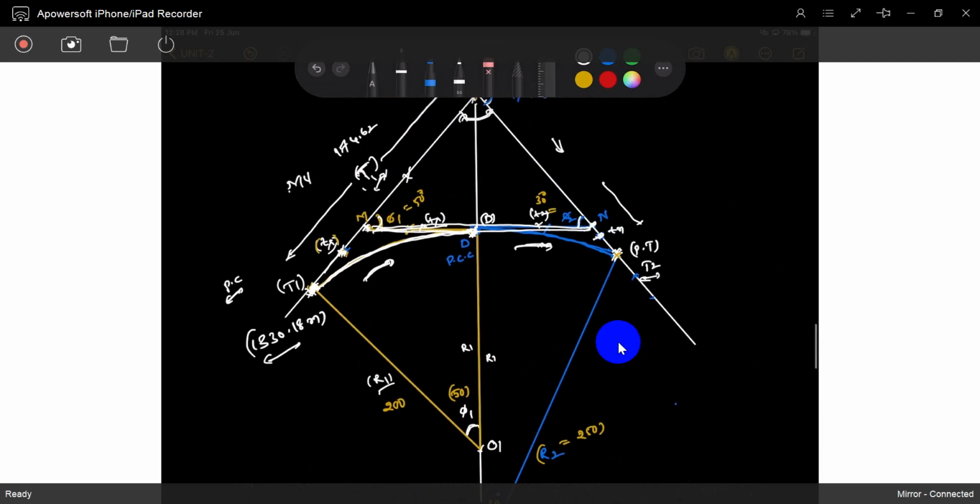So this length is 174.53. What is the point of D? Add 174.53 to 1504.8, so this point is 1504.71 meters in this direction. And what is the point of T2? What is the length of the second arc?